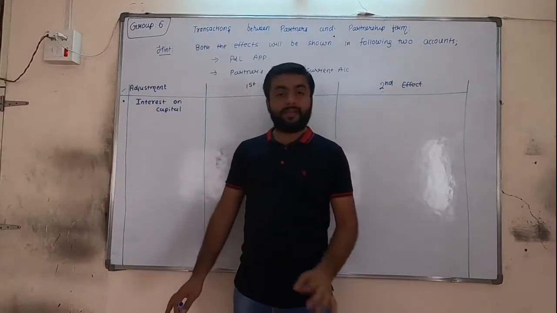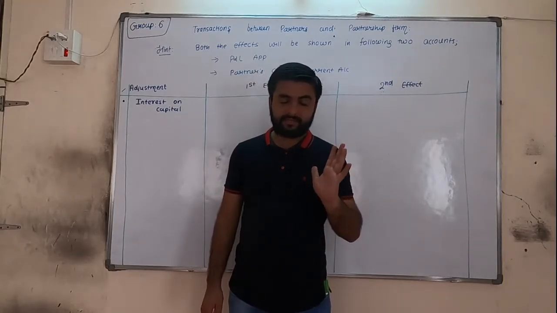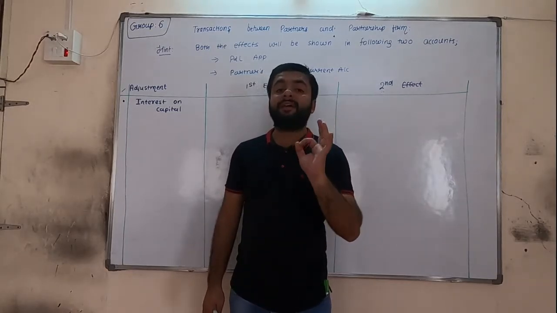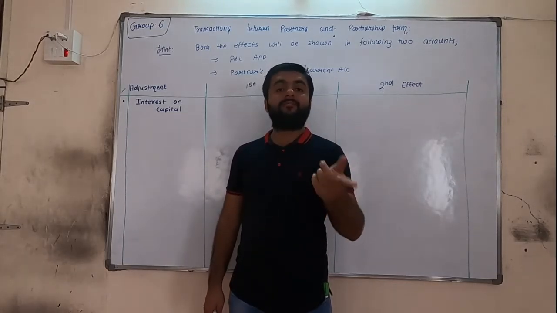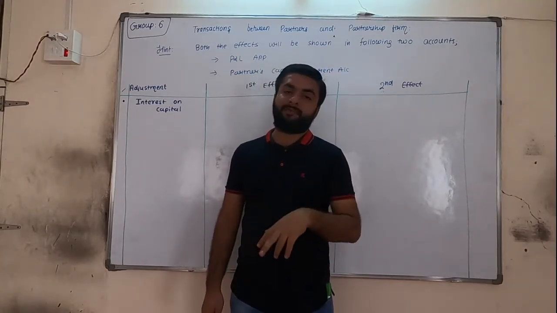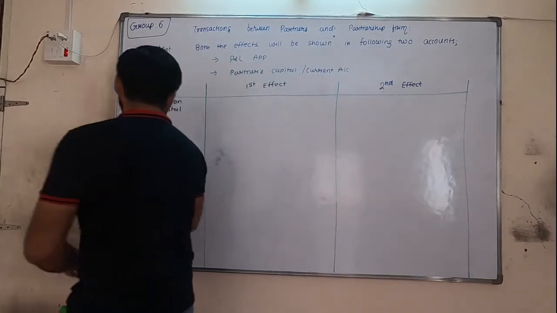Interest on capital. Capital is credit, so its interest will also be credit. So credit side of capital or current account, if we have only capital then capital account, if we have both capital and current, it will be on credit side of current, so it is dependent.